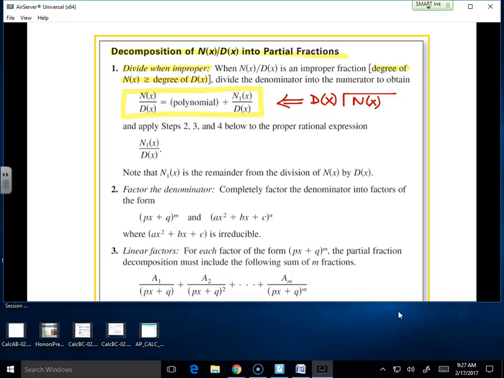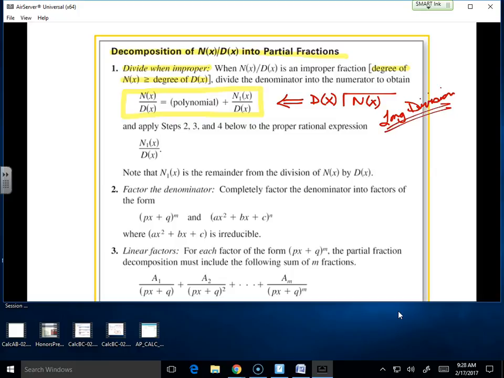Long division. We get what we want from long division. So, whenever we have an improper function, we divide. What kind of division? Long division. Now the nice thing is, very few problems actually need this. We just always have to check for this first.